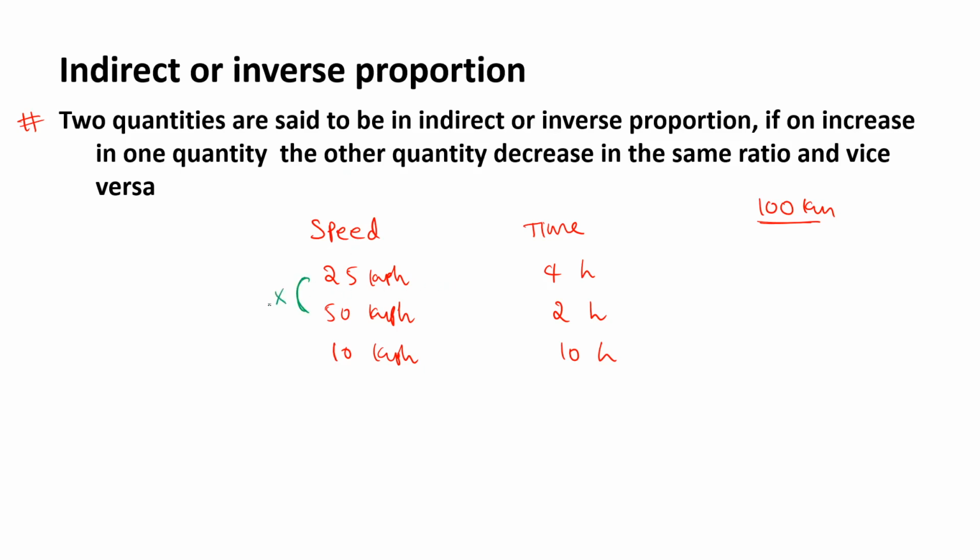We increase the speed by 2 times, and the time would be half of the previous time. When we decrease the speed from 50 to 25, then the time would be double the previous time. That means 4 hours is double the 2 hours.